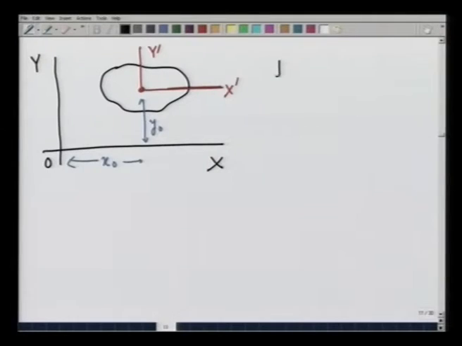Thus, I_xx is equal to integral y squared dA.